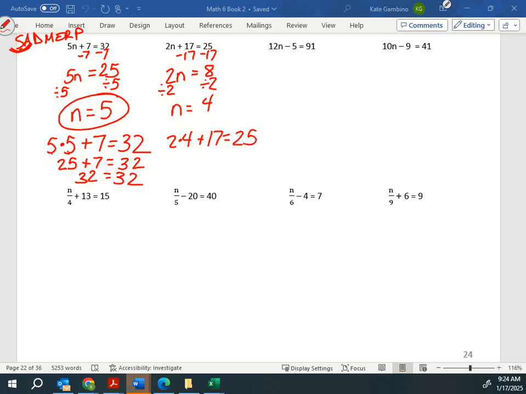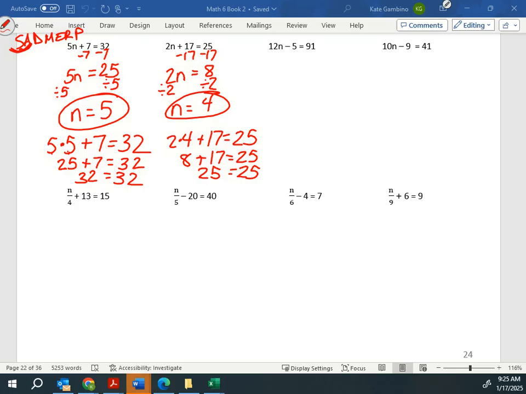So I have 2 times 4 plus 17 equals 25. 2 times 4 is 8 plus 17 equals 25. 8 plus 17 really truly is 25. So I know 25 equals 25. I did my math correct. I'm going to circle it.